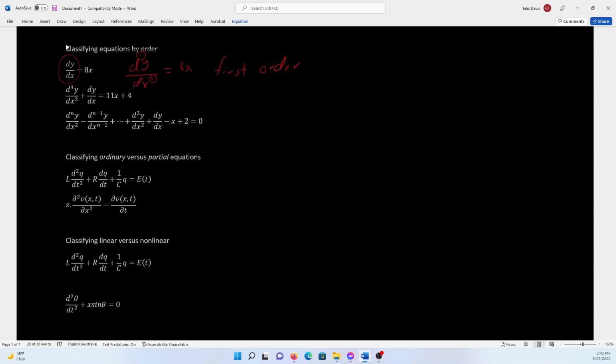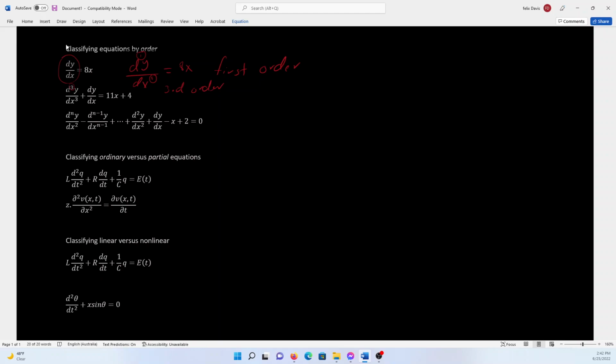Again, classifying an equation by its order is simply selecting the highest order in that equation. Since the highest order of derivative here is 3, this equation is a third order equation.